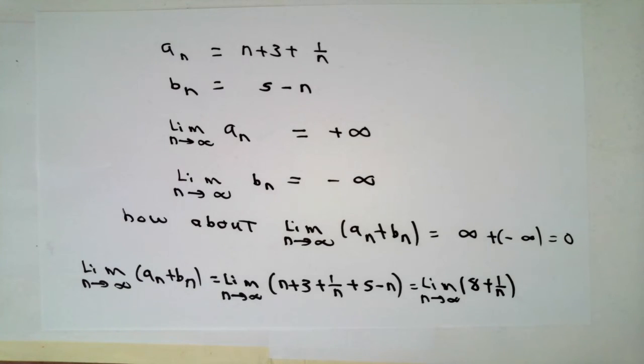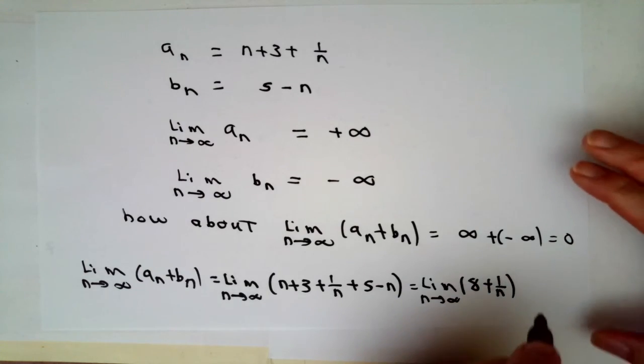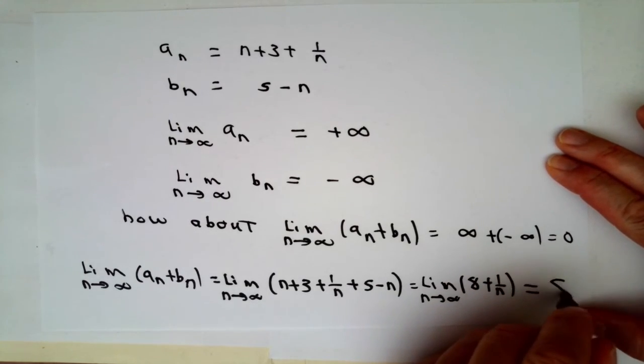For each individual n number, an plus bn simplifies down to 8 plus 1 over n. 8's a constant term, its limit is 8. 1 over n tends to 0, as n tends to infinity. The limit of these two individual terms do both exist. The first limit is 8, the second limit is 0. The limit can be written as the sum of the individual limits. 8 plus 0 is 8.